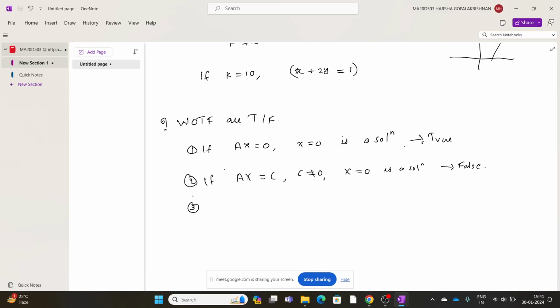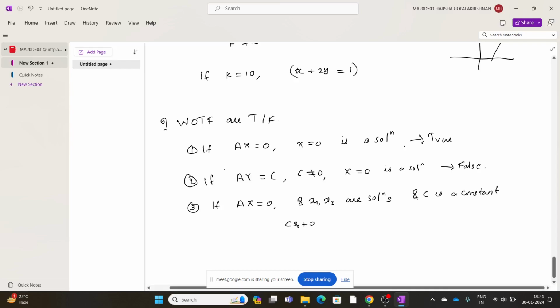Now the next statement is: if Ax equal to 0 and x1, x2 are solutions and c is a constant, then cx1 plus x2 is a solution.